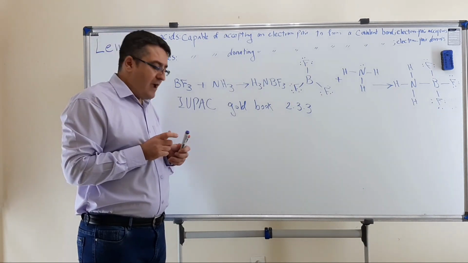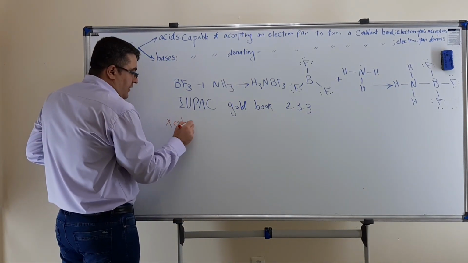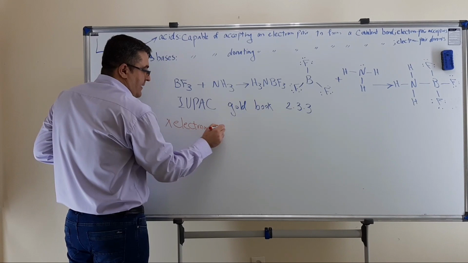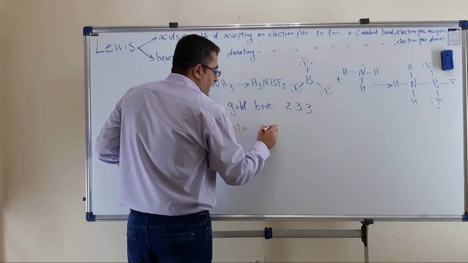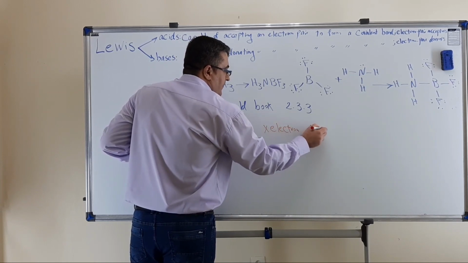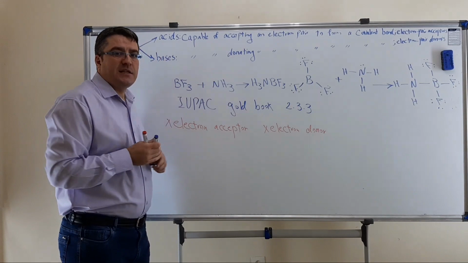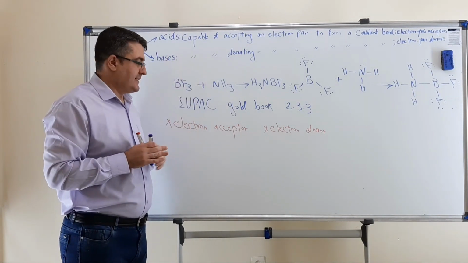For example, IUPAC considers the term electron acceptor and also the term electron donor as obsolete synonyms for Lewis acids and bases.